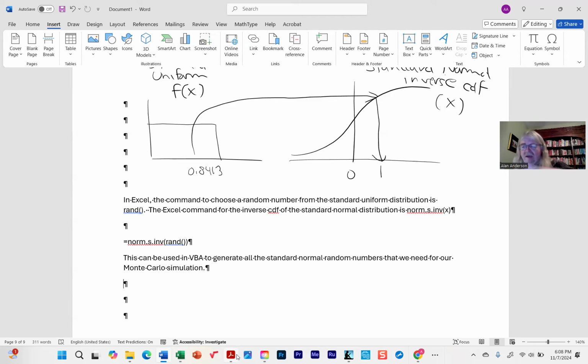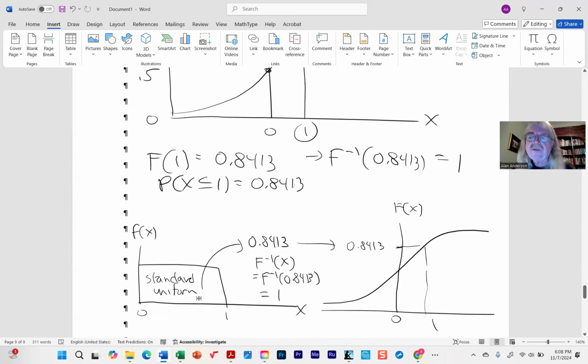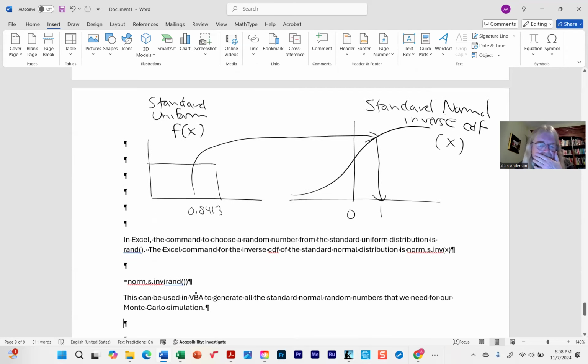Once we do this, you'll see it's very straightforward and very simple. It's just time consuming.